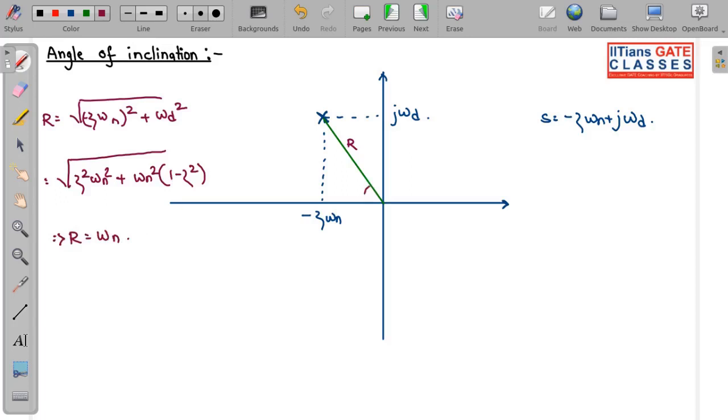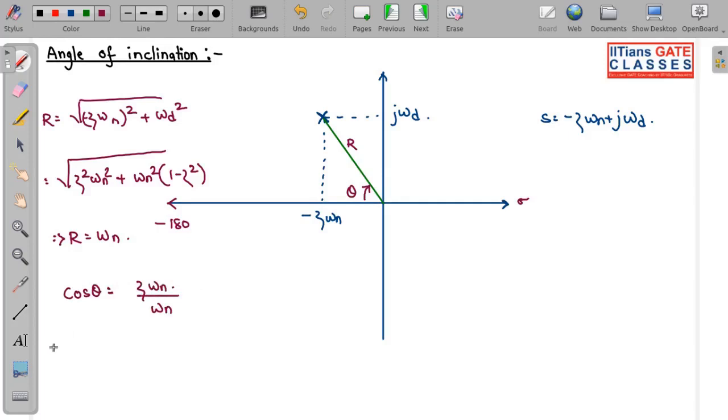Now suppose this angle is theta. This angle is measured from the 180 degree axis, or minus 180 degree axis, of the real plane, of your sigma. So cos theta, if you calculate, will be base by hypotenuse. Base is zeta omega n, hypotenuse is r, and r is omega n.